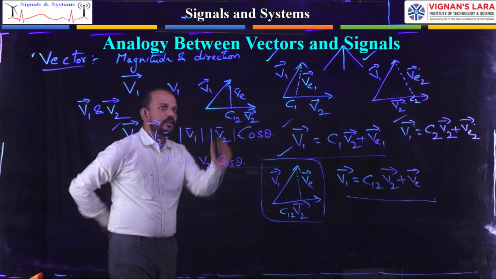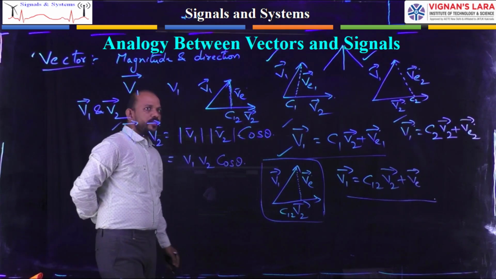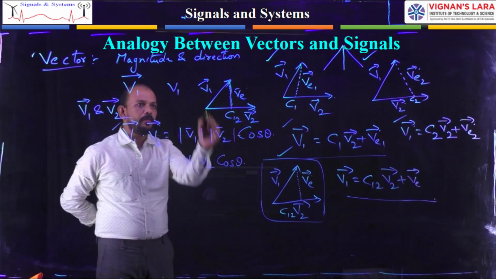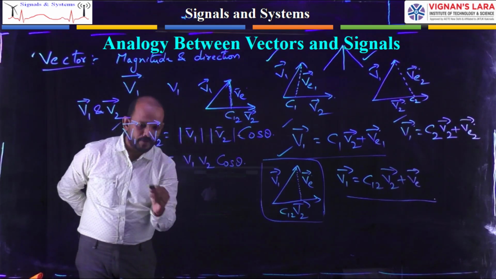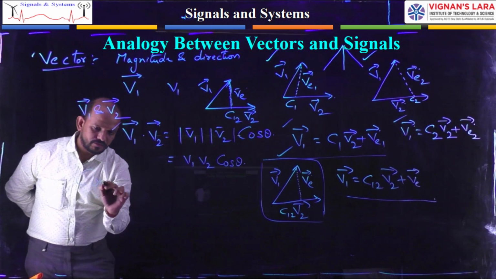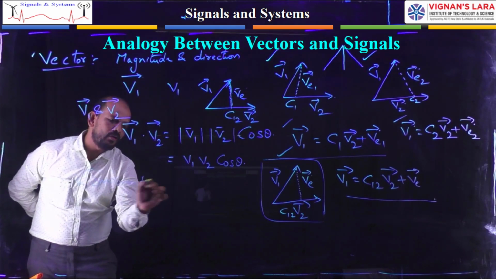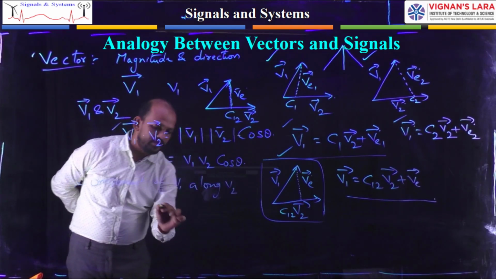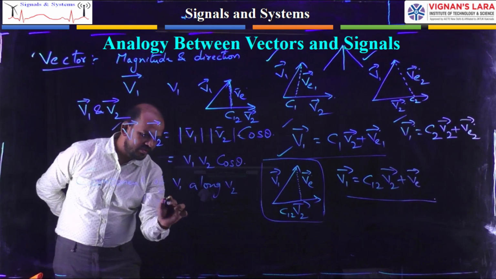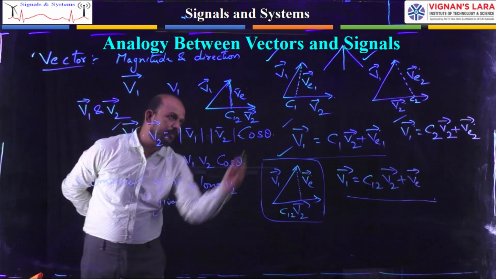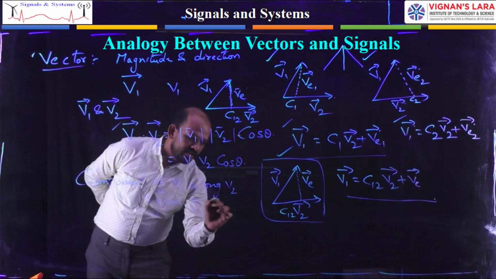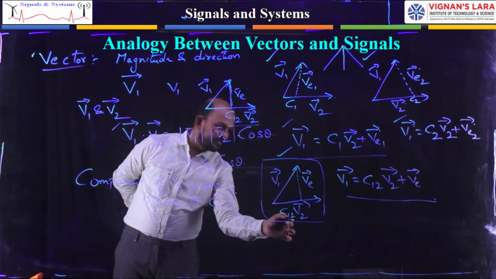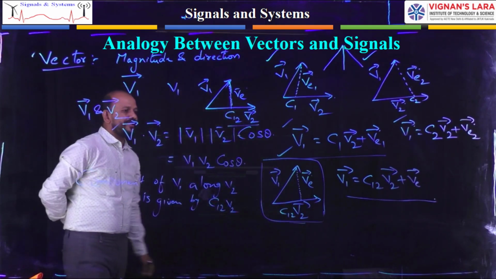Now, what is the component of V1 along V2? From the diagram, the component of V1 along V2 is given by C12 V2.